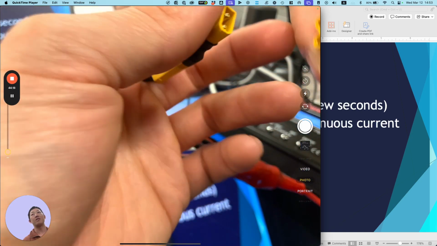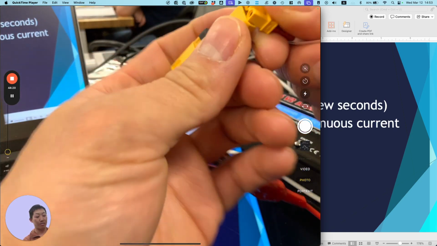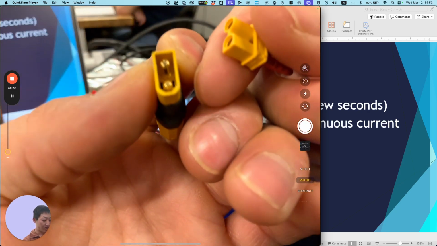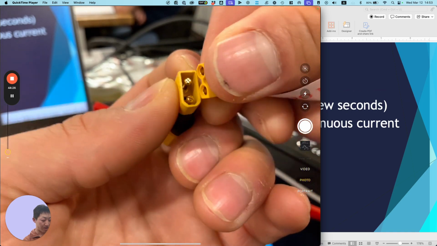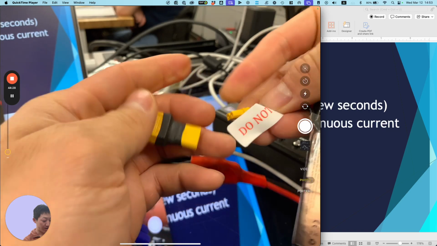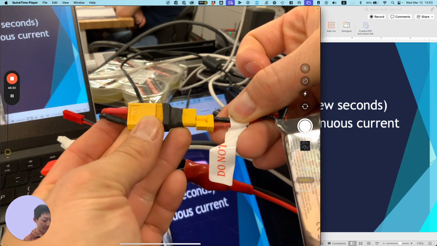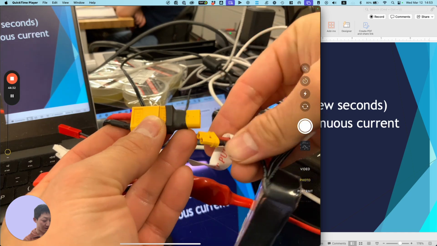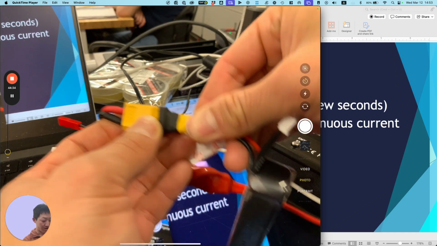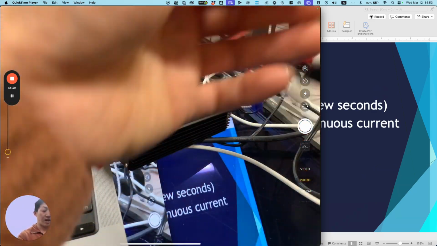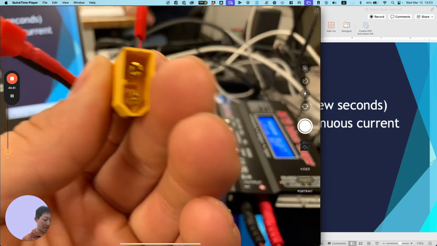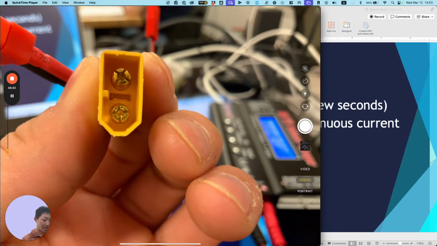You're going to get sparks and such. So they purposely designed these. You see, it's not a perfect rectangle. There's a little taper at the end. So if I try to plug in red with black, it's not going to work. You need to plug in red with red, and it'll fit in. So even the adapter continues that same shape. It's a lot easier to see on the bigger one right here.